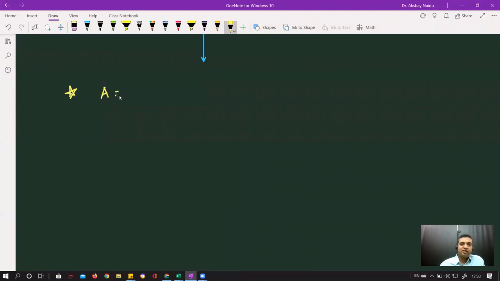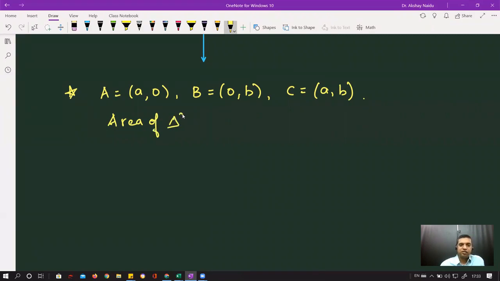See, A is a comma 0, B is 0 comma b, and C is a comma b. Then the area of triangle ABC. Answer is right. The answer for this is again half ab. We take a modulus. Answer is again half ab.